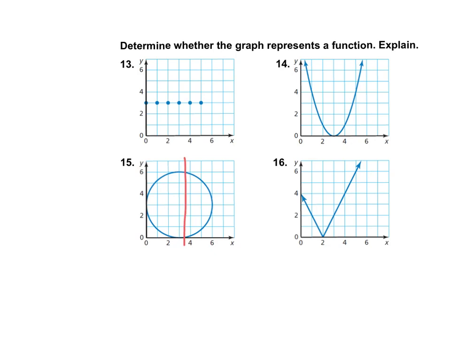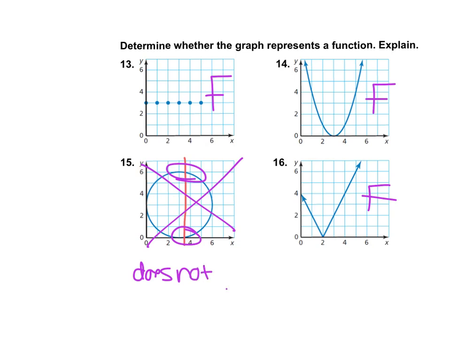No matter where I leave my line, I'm crossing through 2 points at once. So what this tells me is this one is a function, this one is a function, this one is a function, and this one is not, because this one does not pass the vertical line test.